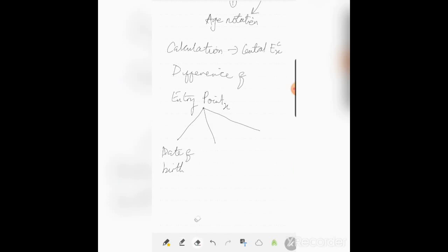And the next thing is the date of start of investigation.